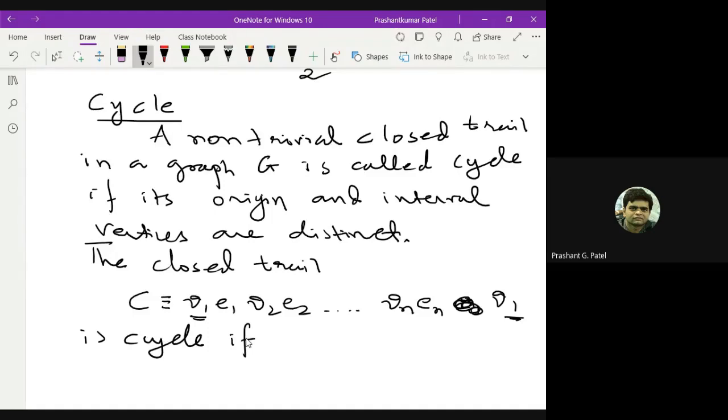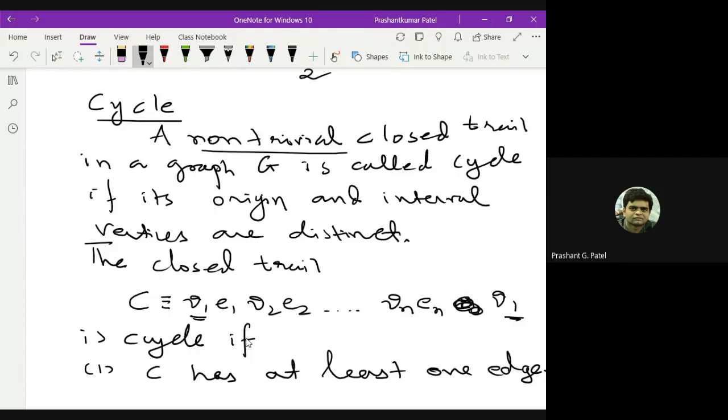the first, C has at least one edge. That's the meaning of non-trivial cycle. The meaning of closed is that V1, the origin and the terminus, are the same. Its origin and the internal vertices are distinct.